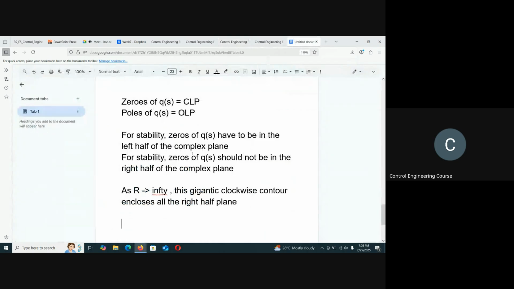So this is my S-plane contour. I choose as my S-plane contour a gigantic clockwise semicircle, enclosing the entire right half plane.